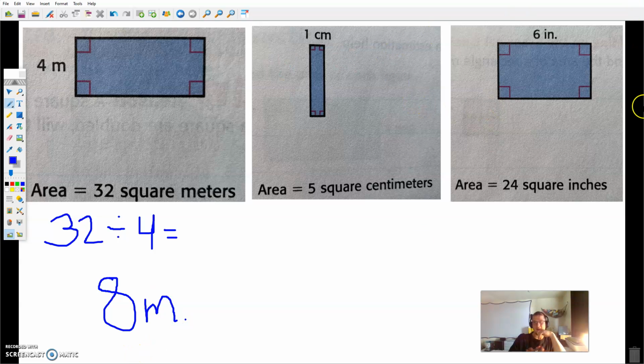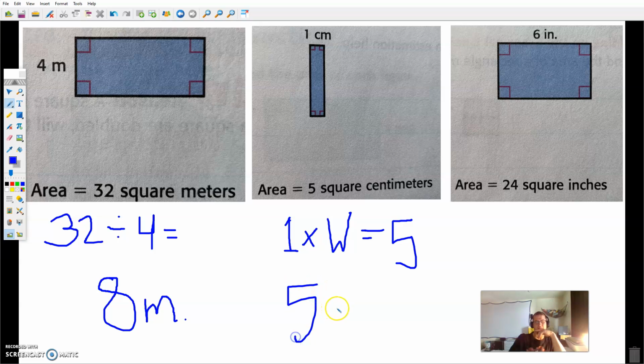What about here? An area of 5 with a width of 1. So 1 times, let's give it a letter, we'll say the width. 1 times the width equals 5. So 1 times what equals 5? 5 centimeters.